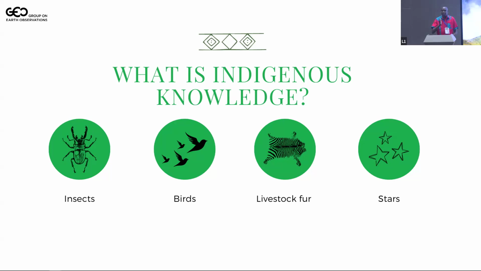Birds, let's say moving north and coming back with green grass, they know that there is rain somewhere, and they follow the direction of those birds. Sometimes even looking at the body of the livestock from far, they can tell that drought is coming.